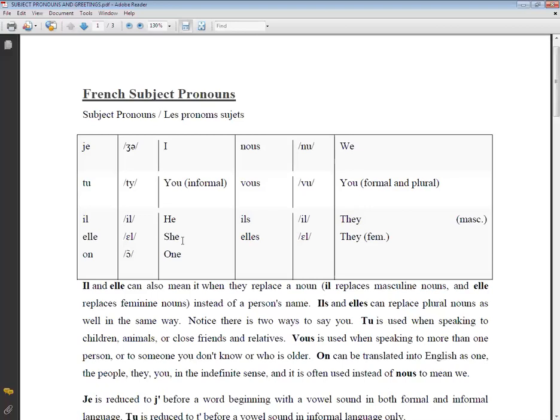I told you the finals of most of the words in French are silent, unless the alphabet plays a role in these words.